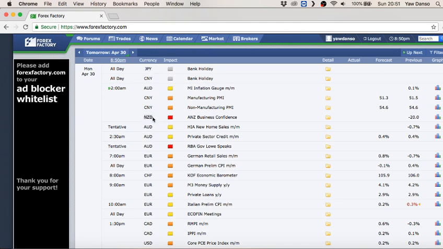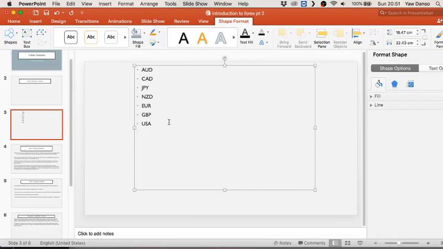So let's say the New Zealand dollar. If you are going to buy or sell any of the pairs that you guys have put there, let me make an example here. Let me take just this pair for example.